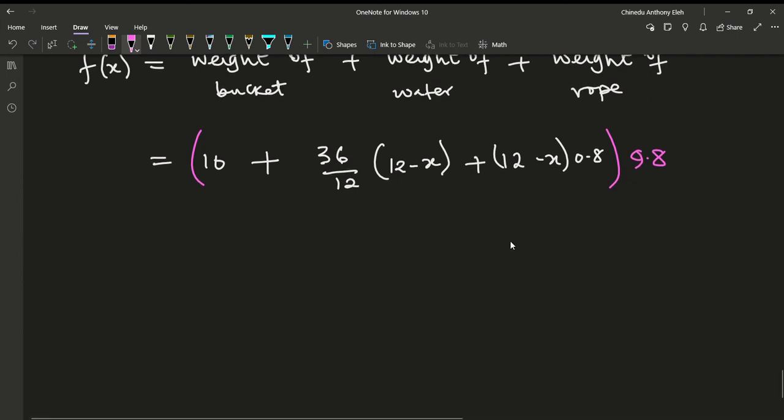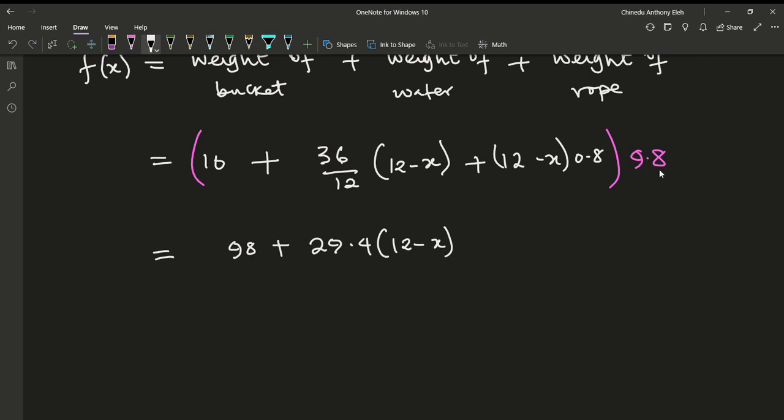Awesome. So let me see if I can simplify this. If you work this out, 10 times 9.8 is 98, plus 36 divided by 12 gives 3, and 3 times 9.8 is 29.4 times 12 minus x.